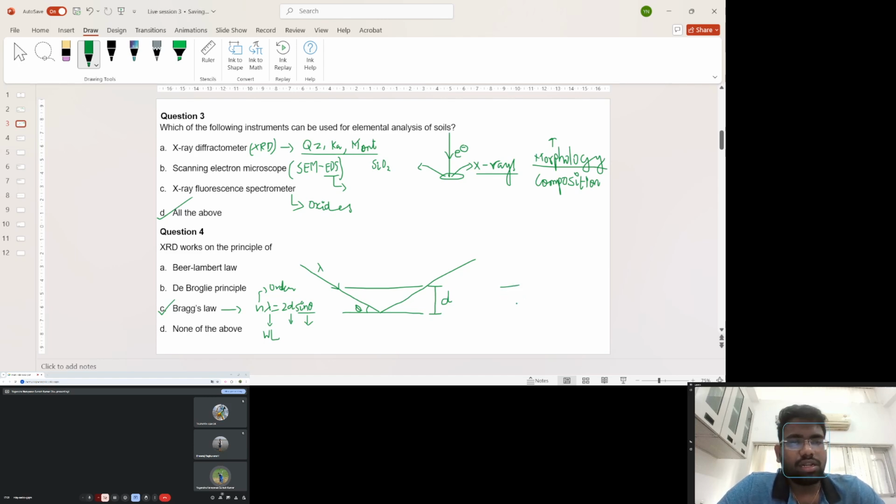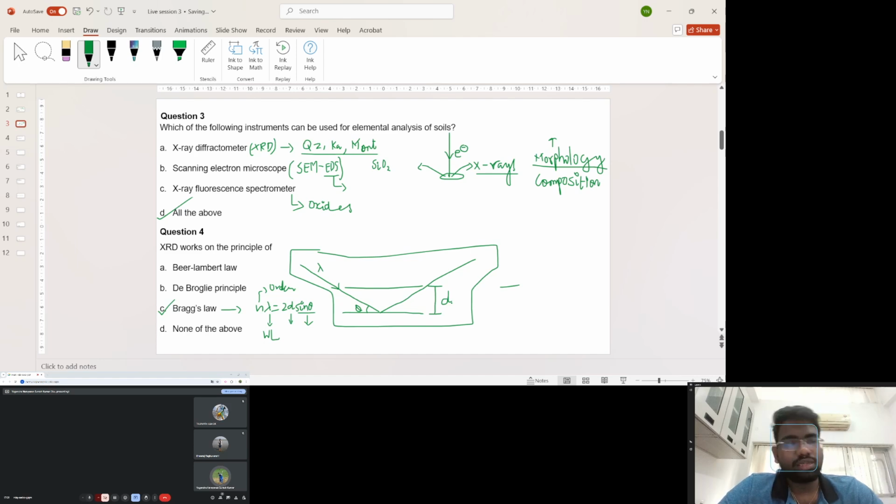So each mineral is separated by a particular distance, which can be captured by using this phenomenon. Understood? This is diffraction.